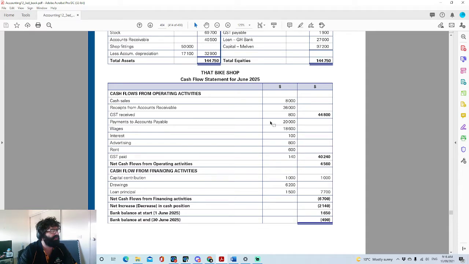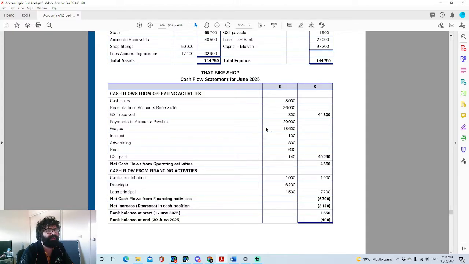Immediately, the things that stick out are these four: wages, interest, advertising, and rent. They are expenses, not really that shocking. If I was in a SAC and it was reading time, I'd make that note. For the inflows, we've got cash sales, receipts from accounts receivable, and GST received. The only one of those that goes on my income statement would be cash sales.